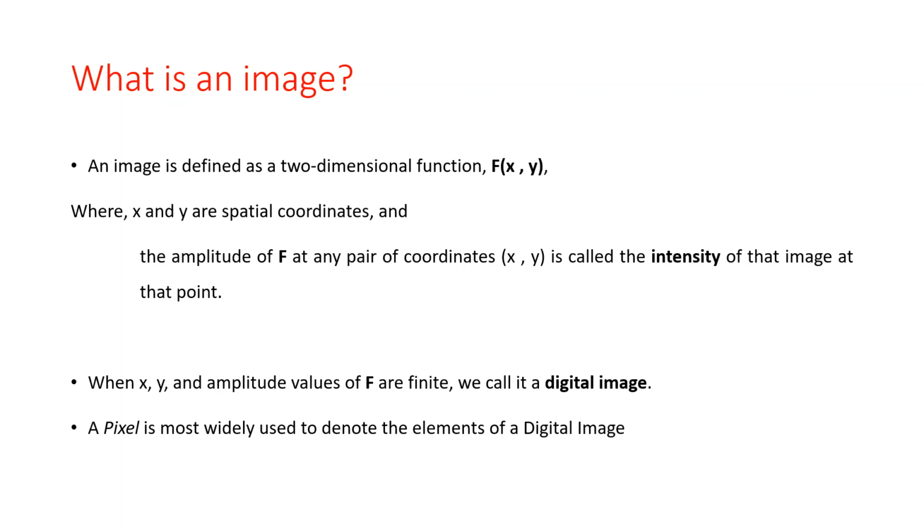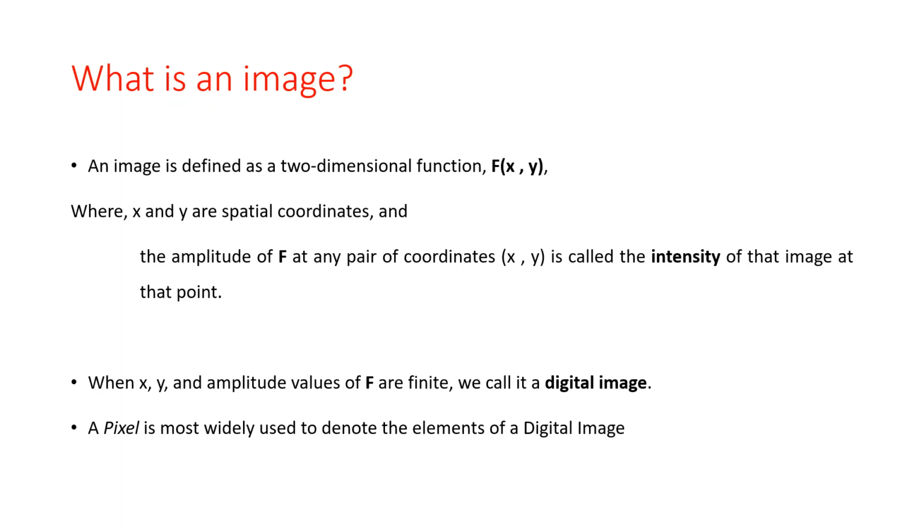When the x, y and amplitude values of f are finite, we call it a digital image. In other words, an image can be defined by a two-dimensional array specifically arranged in rows and columns.